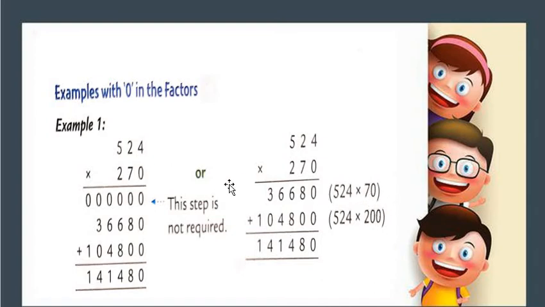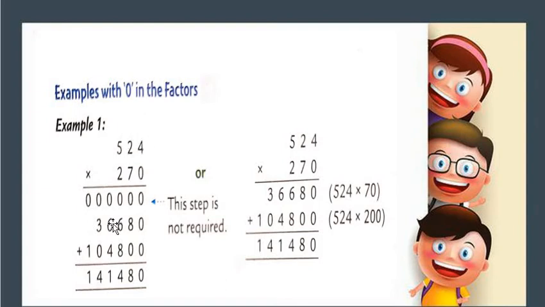So 10s here is 7, see. Then after that 200. 200 is at the 100 place. So 0 we put as it is, and then 524 multiplied by 7. Okay, 7 times 4 is how many, all students? 28.